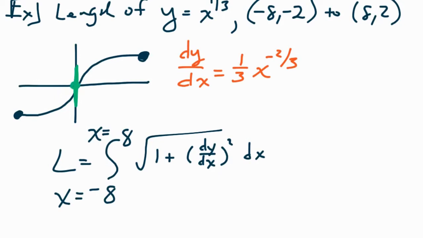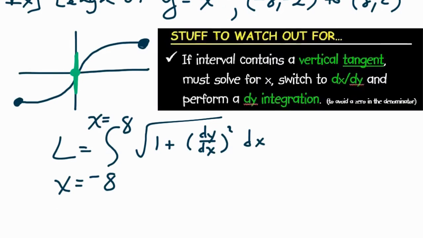Now, a vertical tangent is not the same as a vertical asymptote, but a vertical tangent is referring to a slope that does not exist. So, if the interval contains a vertical tangent, and again, this would have to be something you would see visually, then you have to, once again, solve for x, because you're going to have to actually switch your derivative again to be a dx/dy.